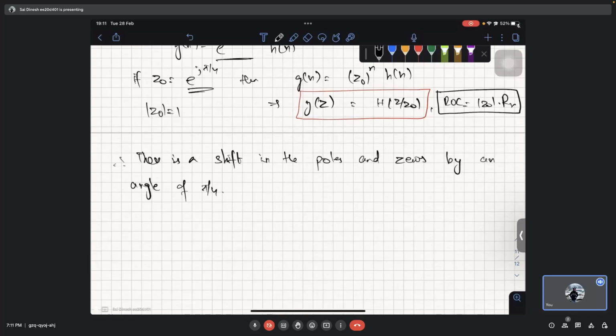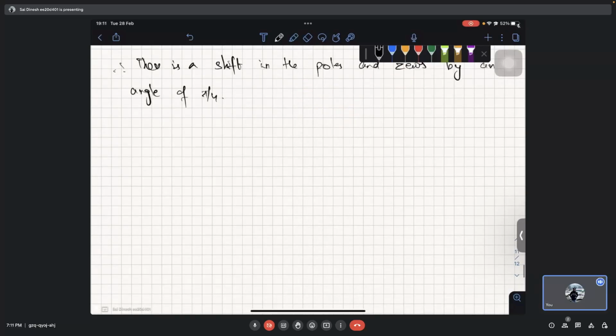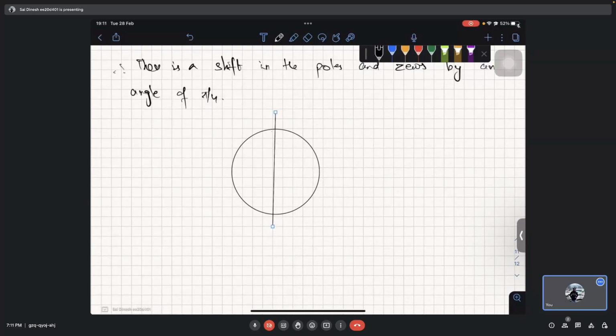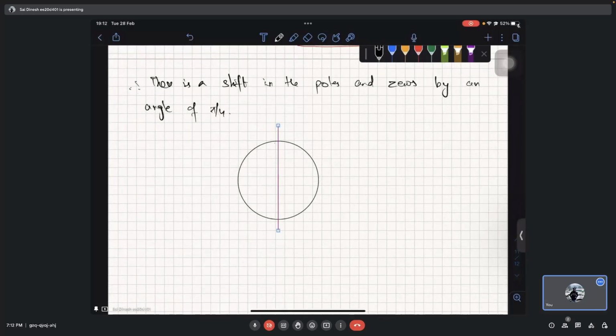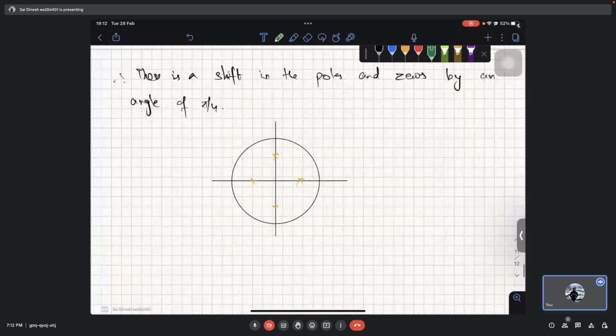So once you shift the poles and zeros by the angle of pi by 4, after shifting they will be in here on the axis.